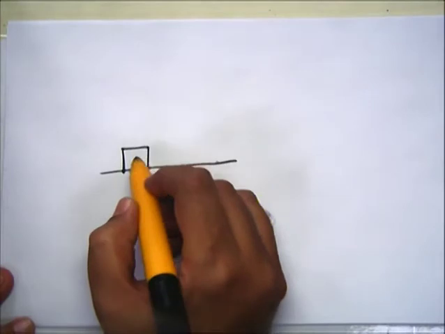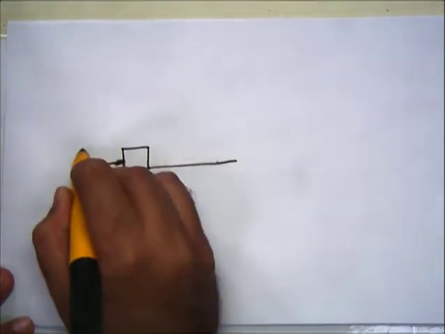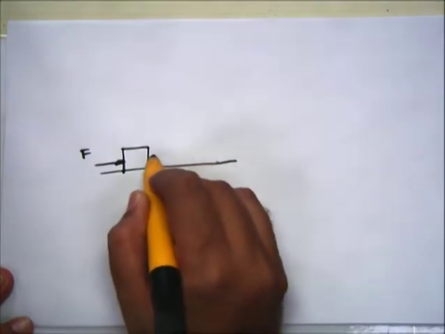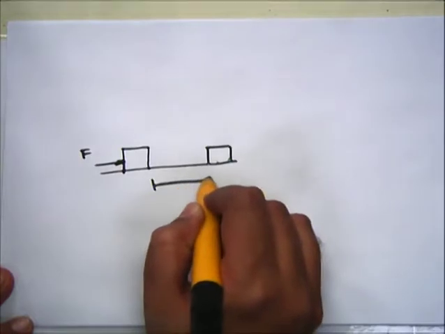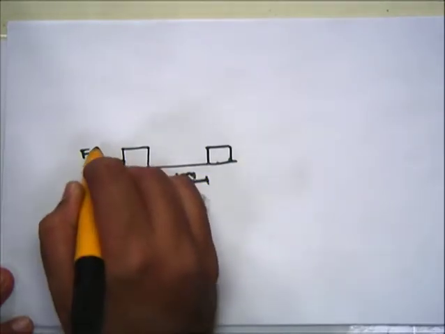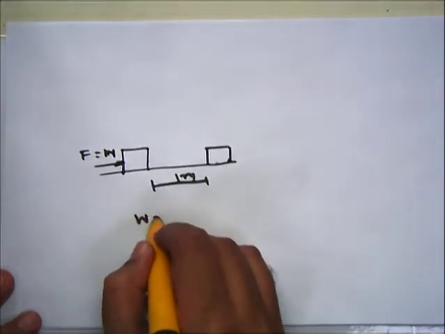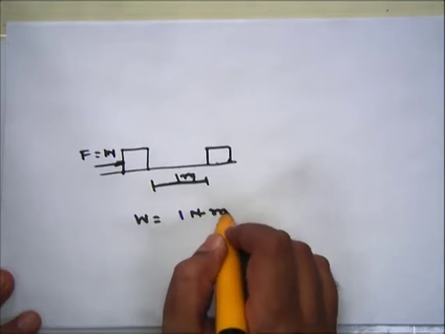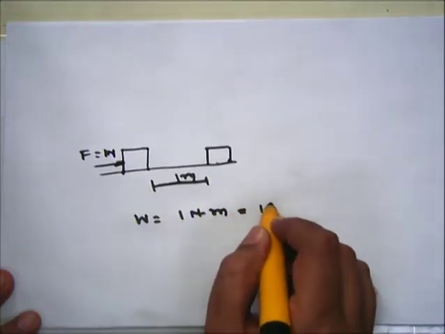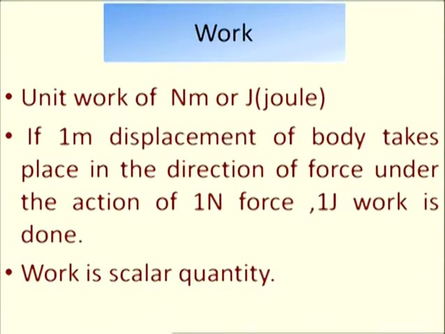Suppose force is applied here and the body undergoes a displacement of 1 meter, and the force is equal to 1 Newton. So the total work done is equal to 1 Newton meter, that is 1 joule. Work is a scalar quantity.